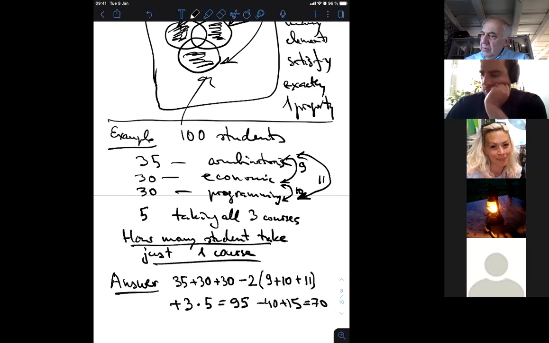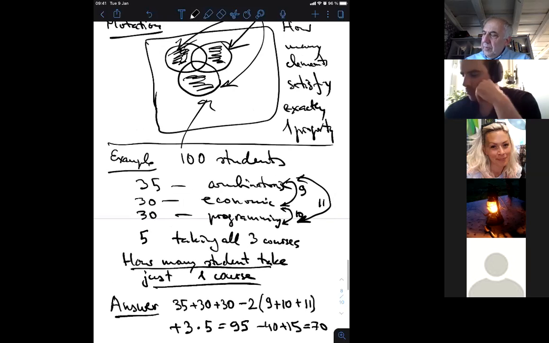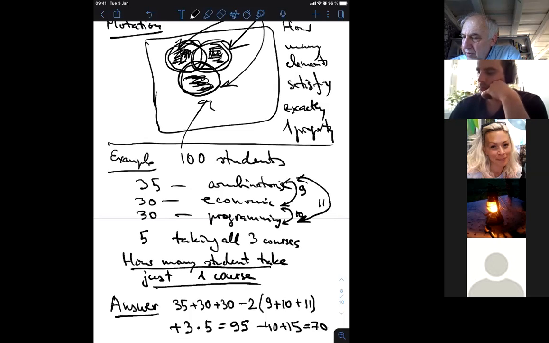Why do we do that? Well, look. When we add together this set and this set, and we're only interested in those guys, we have put the pairwise intersection twice in. All pairwise intersections are counted twice, more than necessary.